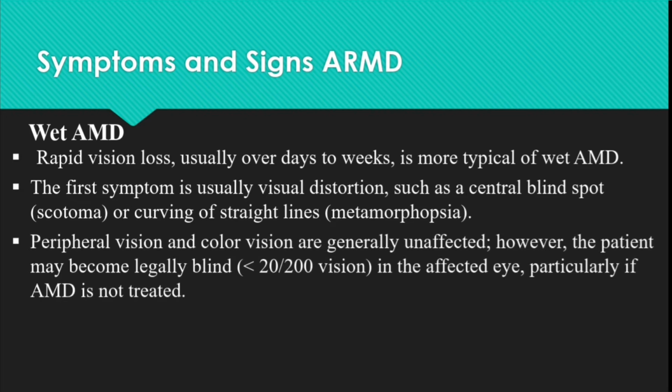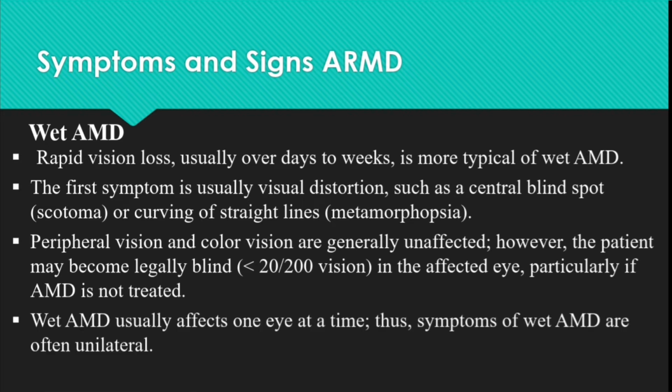Peripheral vision and color vision are generally unaffected. However, the patient may become legally blind in the affected eye, particularly if the AMD is not treated. Wet AMD usually affects one eye at a time, so the symptoms of wet AMD are usually unilateral. In dry, they are bilateral.